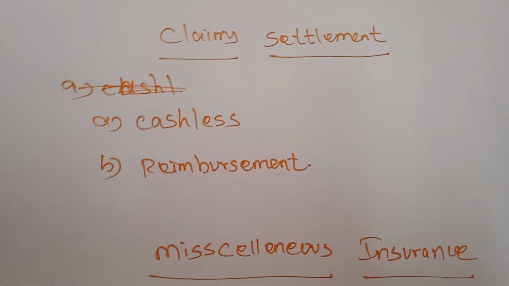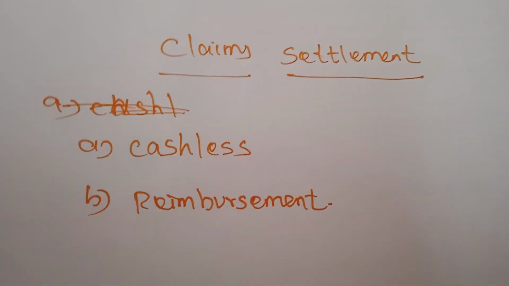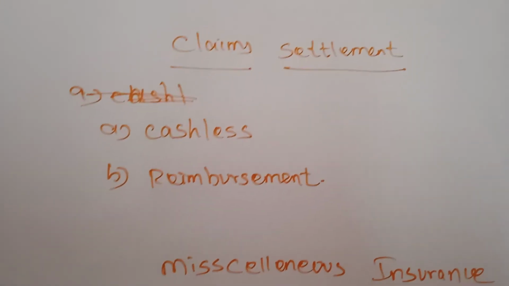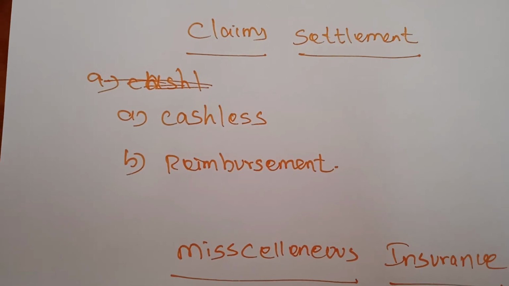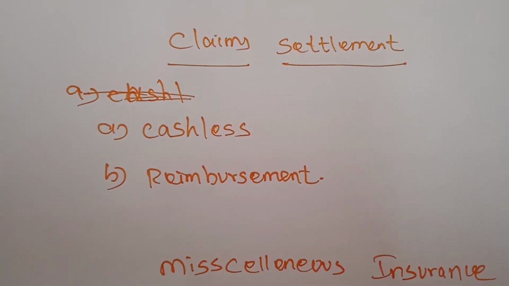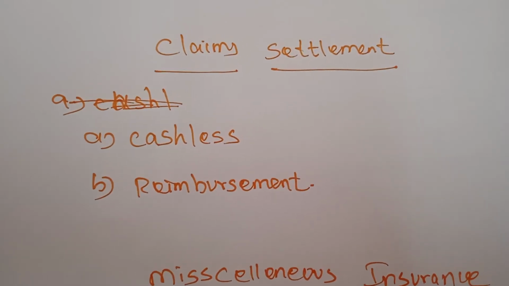Next, how the claims are settled. In two ways we can settle the premium amount or the claims. First, the claim amount needs to be approved by the TPA, and the hospital settles the amount with the TPA.